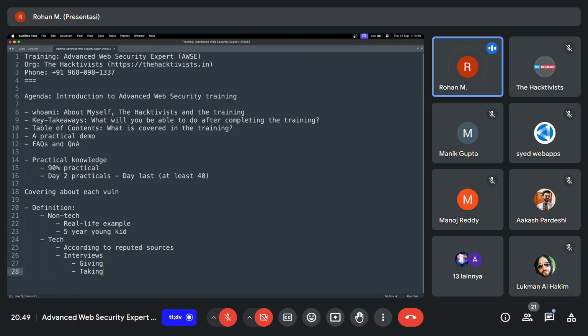Either you are on that side of the table or on this side. In both scenarios, you will require to know: if this is the interview question, what is the ideal answer for it? If someone asks this, or you have to ask this in an interview, what is the answer that is expected?